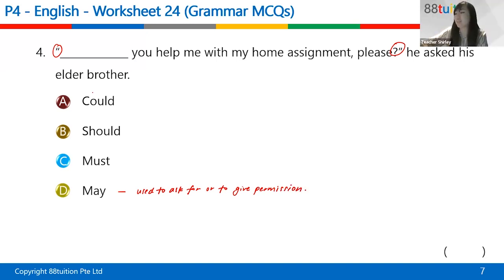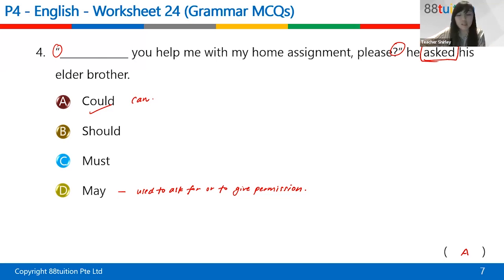Yes, good. Okay, could you help me, please? Could is basically the past tense of can. Now, in this case, it's could you help me, please? He asked. Okay, when we're asking for help, it's usually could you help me, please? Okay, we wouldn't say like, should is something that is imperative, right?